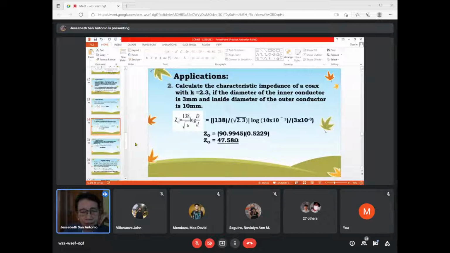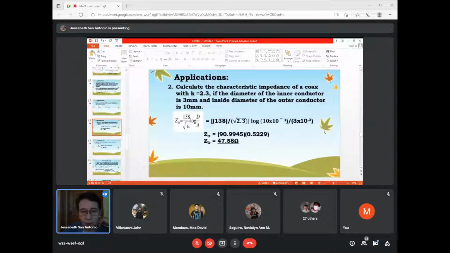Be mindful of the units you are using. Be mindful of the parameter you are computing. Look carefully at what you are computing. Is that a diameter? Is that a dielectric constant? Definitely, if you are asked to compute the dielectric constant, it has no unit. It is a constant.